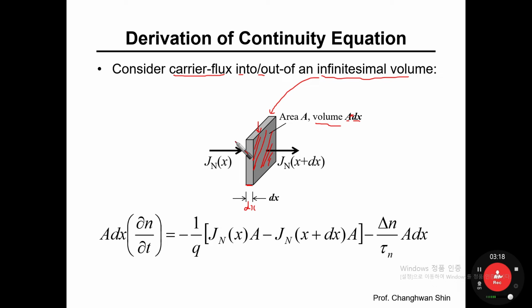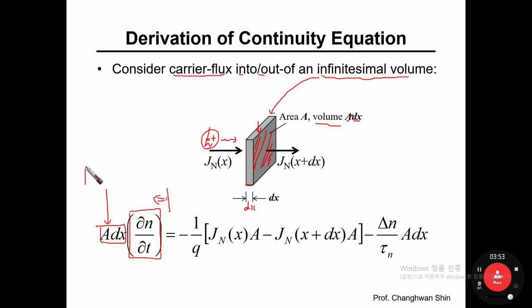Okay, and now suppose that a carrier, maybe a hole, is moving into this infinitesimal volume, and afterwards is going out of this infinitesimal volume. Then how are those holes carried from the left to the right hand side? On the left hand side, you can see two major terms.